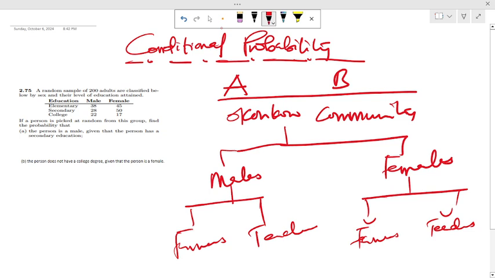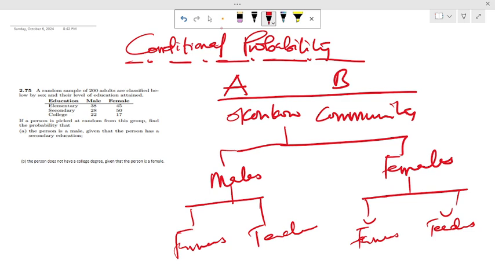Okay. So with conditional probability, we can be asked to find the probability of selecting a teacher given that she's a female. So that is how conditional probability questions are framed.